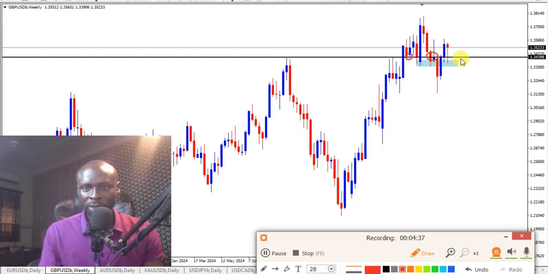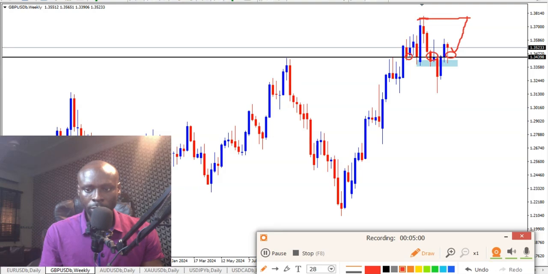As long as price reverses from this support level, we expect the bullish move to continue. We expect a retest, then we'll see further buying for the Great British Pound USD with our first target at this weekly resistance level. So we expect more buying opportunity for the Pound USD this week.